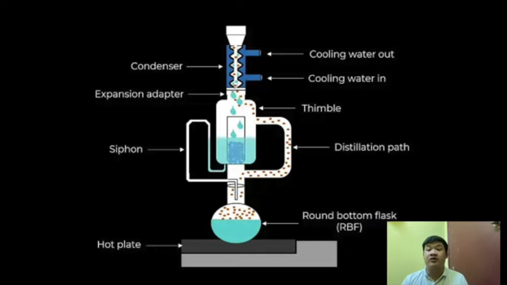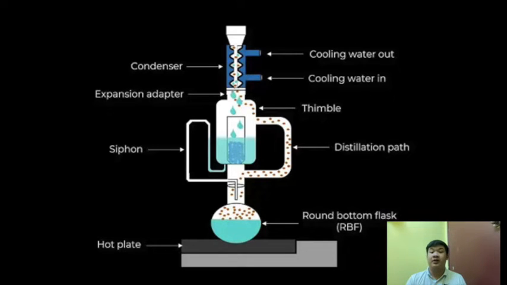In this assembly, the round bottom flask is placed on the hot plate, and the distillation tube becomes a passageway that connects the round bottom flask with the condenser. For our better understanding, the upper part has a condenser that allows cool water to enter and exit for condensation to occur.